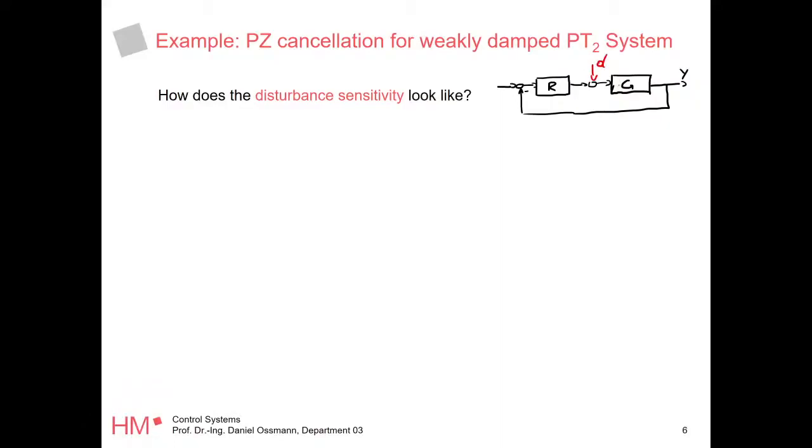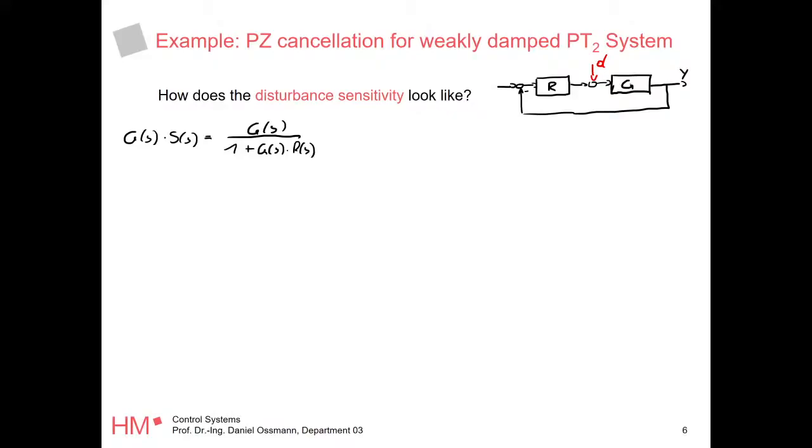The aircraft is directly feeling the wind, for example; the wind does not come into the controller first. It's really acting on your physical system. And how does this disturbance influence our output variable? We're going to compute this for our closed loop. We know this is nothing but our system G times our sensitivity function S of S, which is G of S over 1 plus G of S times R of S.